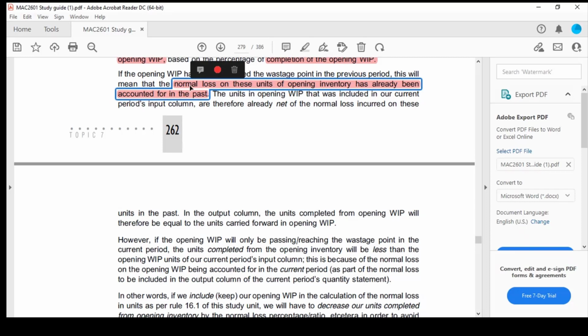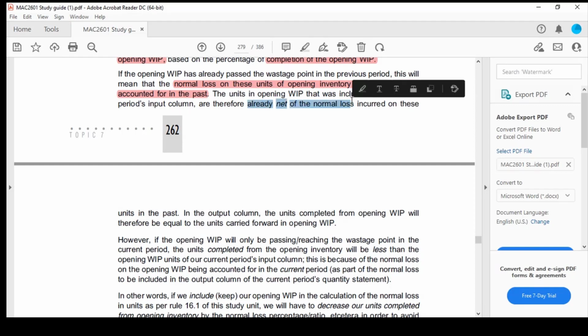So they're saying that in the previous process, your opening WIP already experienced the loss. You have to take that into consideration. The units in opening WIP that were included in your current period are therefore already net of that normal loss.